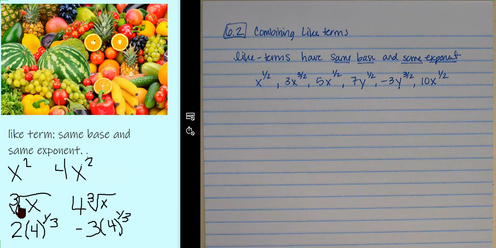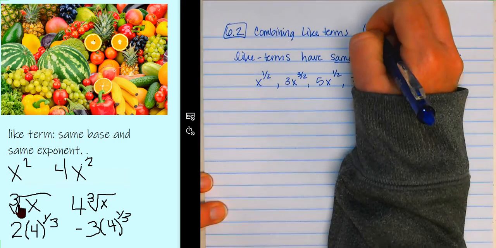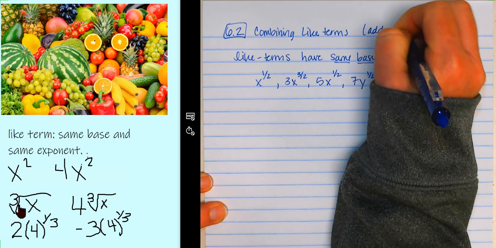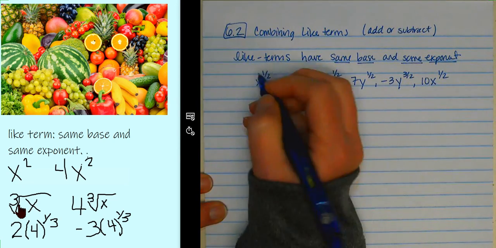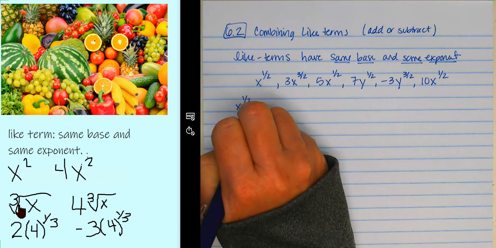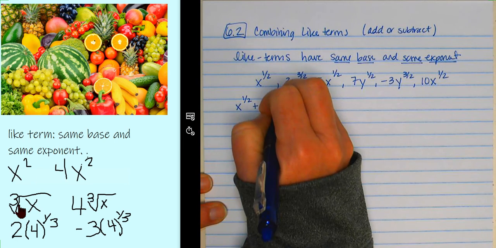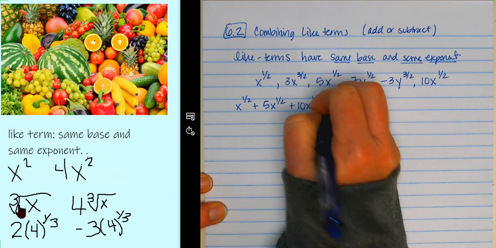So the things that I can combine or add together or subtract from each other are only things with the same base and the same exponent. This is the combining part, adding or subtracting. So let's see. I can say x to the 1/2 plus 5x to the 1/2 plus 10x to the 1/2.